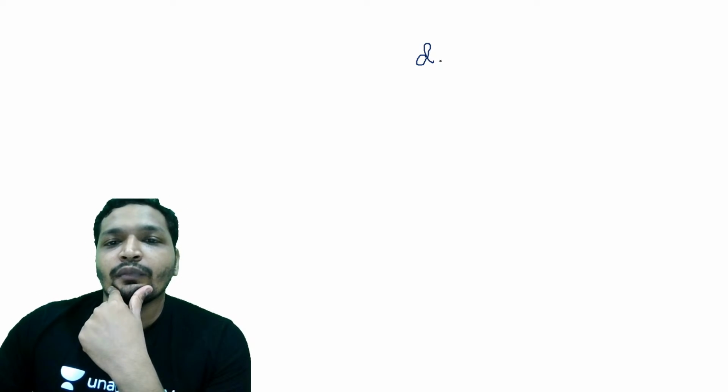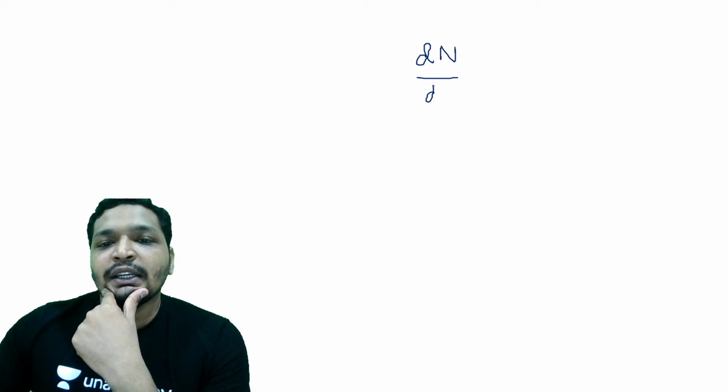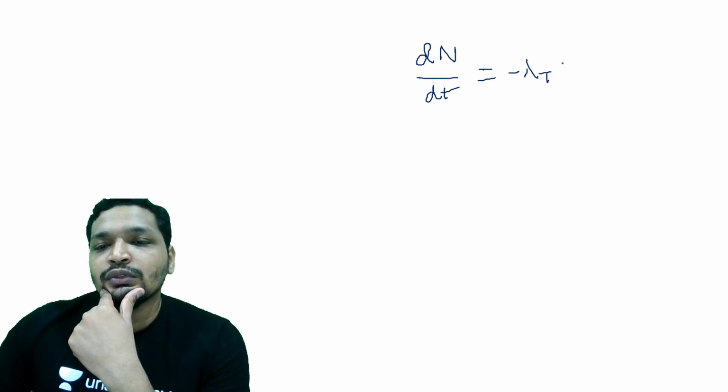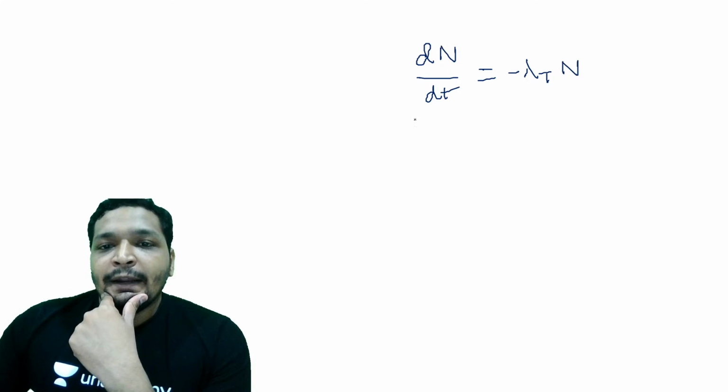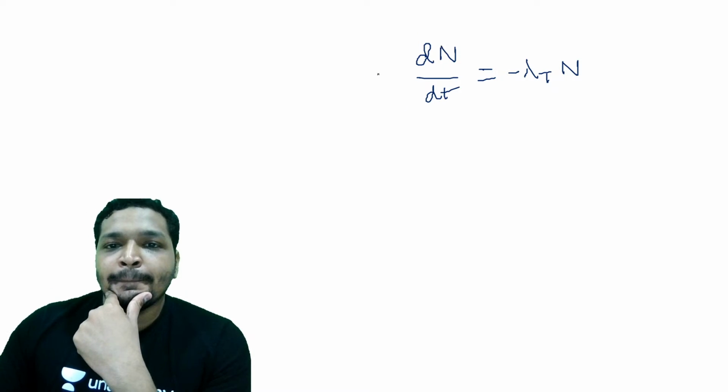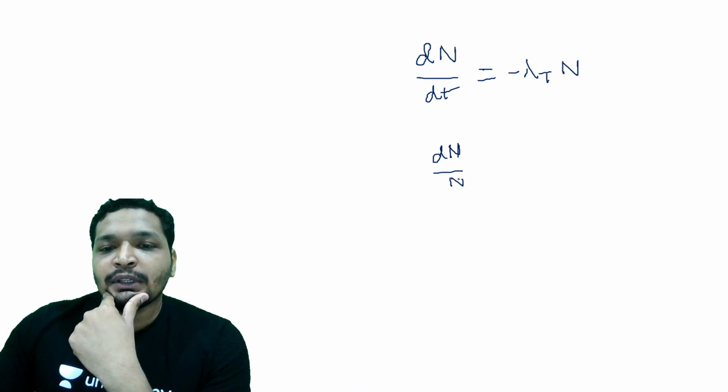So we wrote down dN by dt is equal to minus lambda into N. Okay, you can integrate this and you'll get something like this.